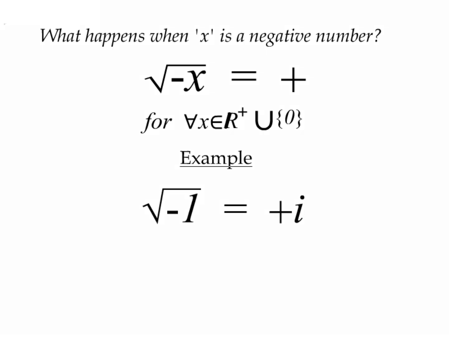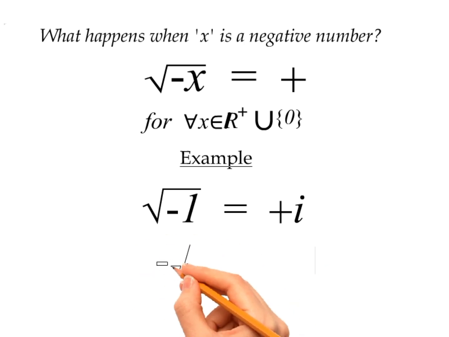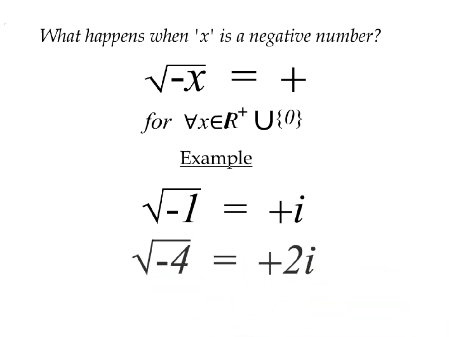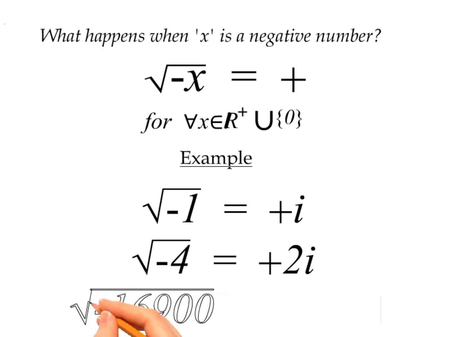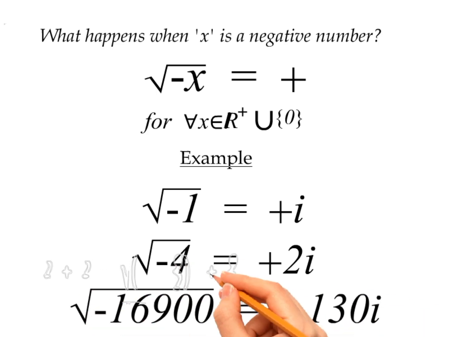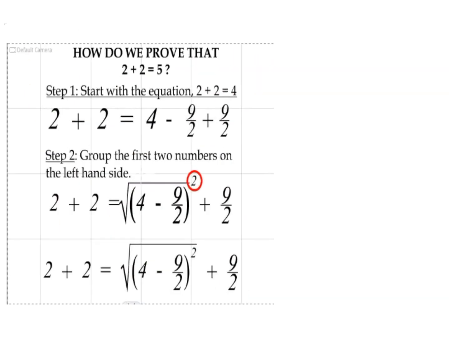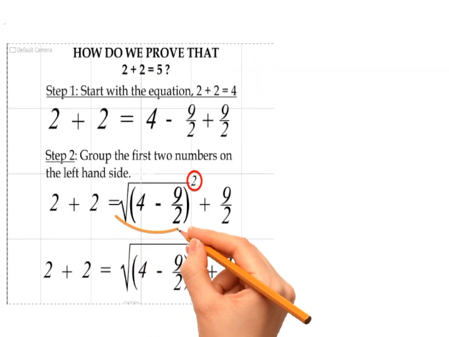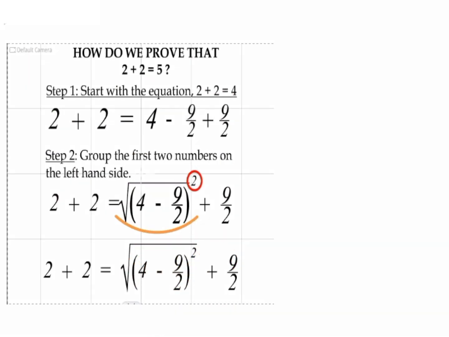Similarly, the square root of -4 is positive 2i. Another, the square root of -16,900 is positive 130i. What can we infer from all these? Answer: the square root of a number is always positive, whether the number is positive or negative.